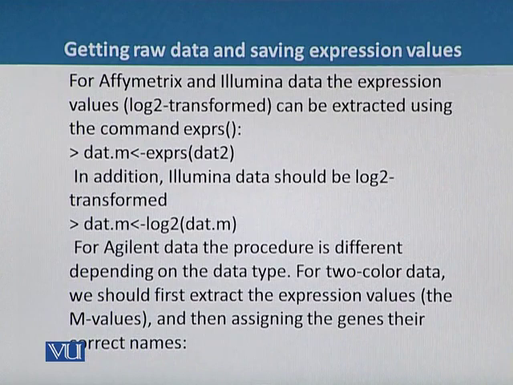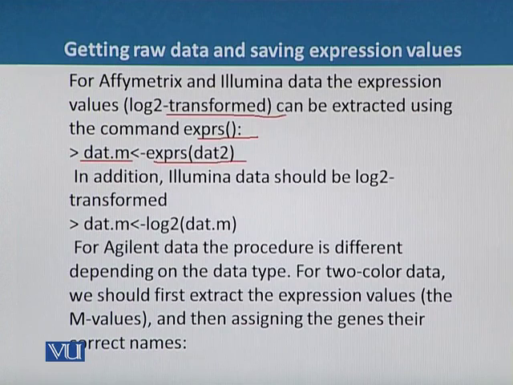For FE matrix and Illumina data, the expression values that we have already seen, transformed into log2 transformed, can be extracted using the command exprs, and within brackets we have to add the data. And we have to normalize this data, because we know that if we use the command dat.m, it means we are going to normalize the data.